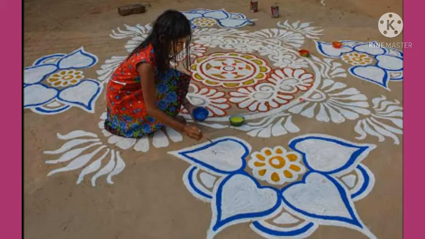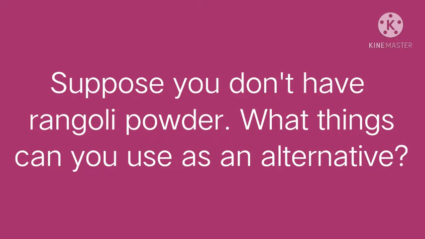Particles of rangoli are fine like flour. Rangoli colors are also available in the form of grains. Use your brain power. Suppose you do not have rangoli powder. What things can you use as an alternative? We can use flour, face powder, chalk powder, etc.